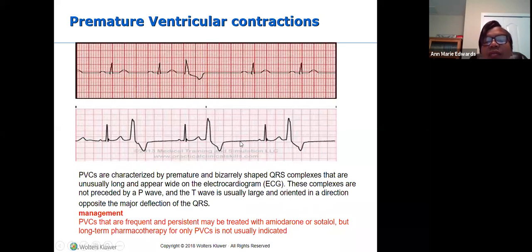So remember your T wave. Your T wave usually is in the same direction as your QRS complex. But in PVC, it's in the opposite direction. So this is your PVC.